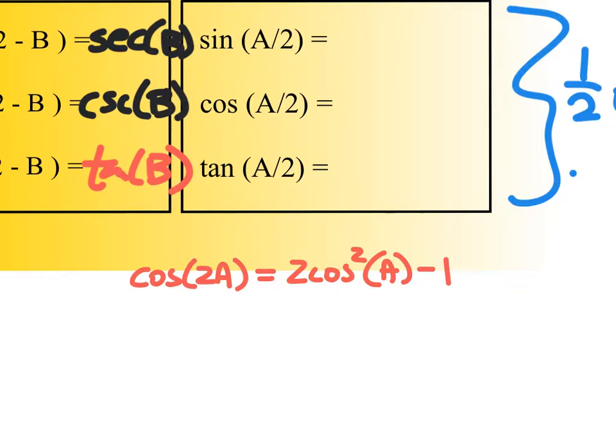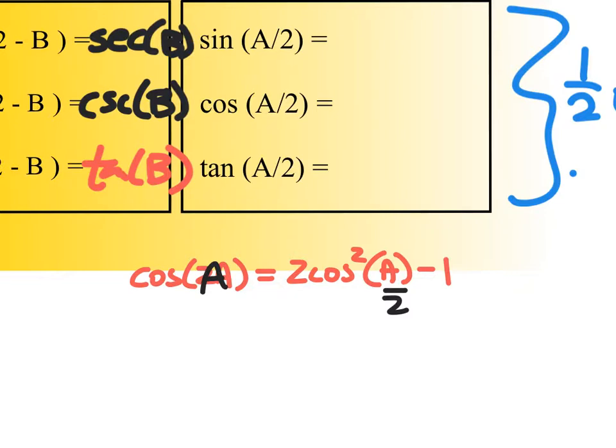Alright, so let's just say for a moment this was just alpha. If that was a 2 alpha and this is an alpha, then if I change that to an alpha, this would be alpha over 2. So let's solve for cosine of alpha over 2.